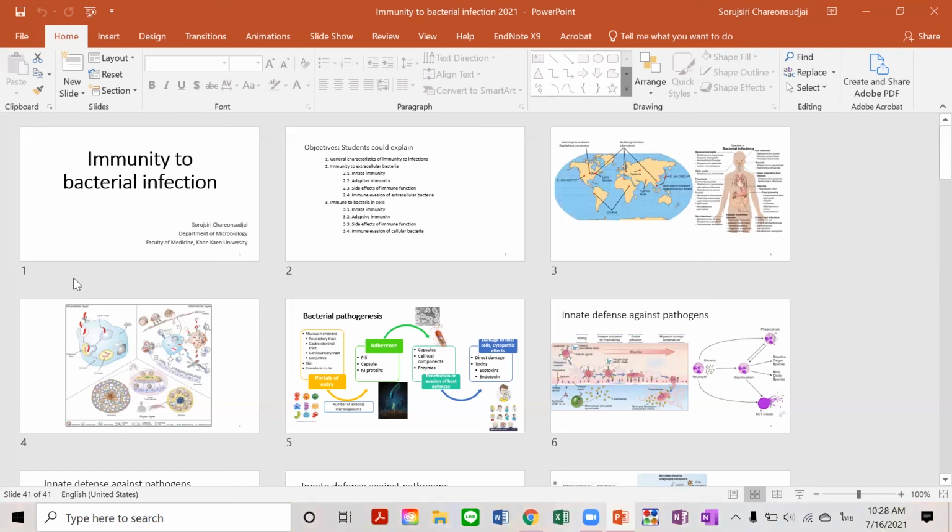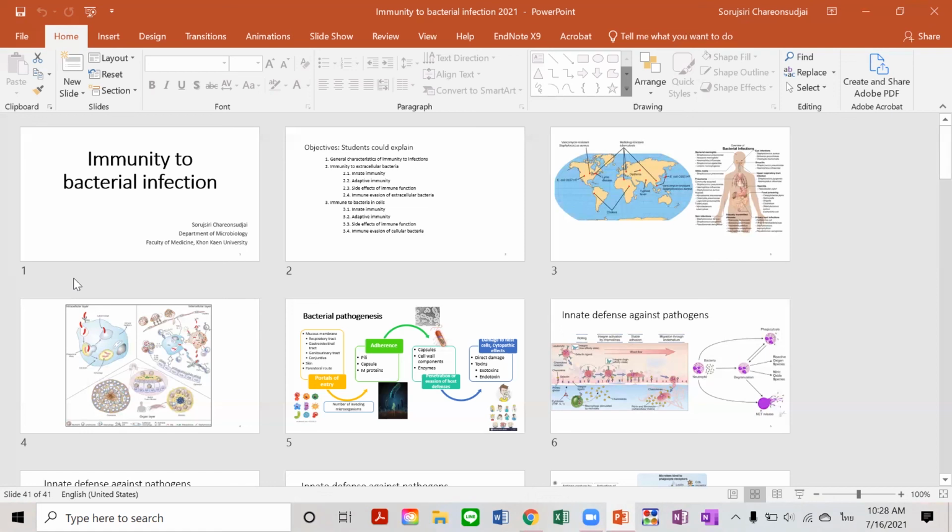You mean that the bacteria can be in an intra or extracellular location at the same time? No, normally extracellular bacteria love to stay outside cells, right? But intracellular bacteria prefer to get into host cells.